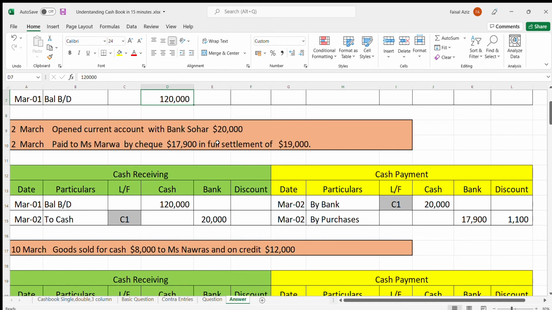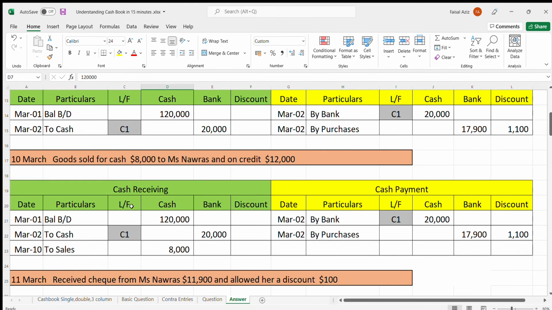It mentions full settlement, so the difference will be the discount. Since it is a payment through check, the amount will be taken out from the bank account. It will be mentioned on the right side under the bank column, and the remaining balance of 1,100 we will mention in the discount column.